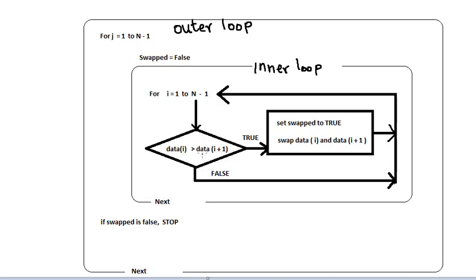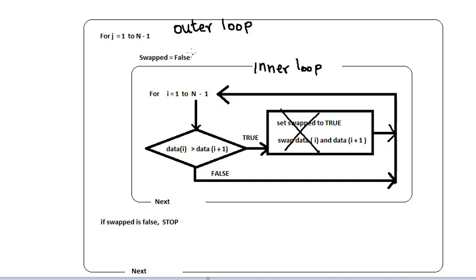If it is always false, that means the previous element is always less than the next, that is always false. In one iteration, if we never swap, right, we never went through this block at all. That means the array is already sorted.